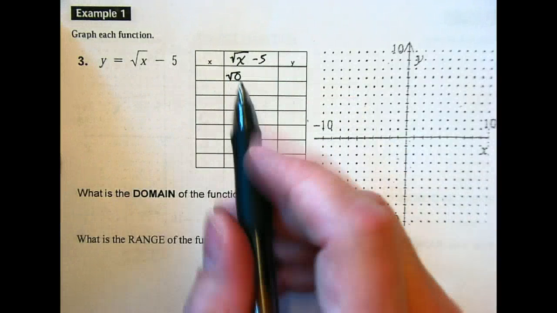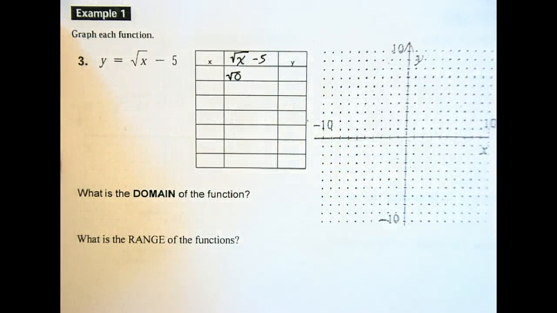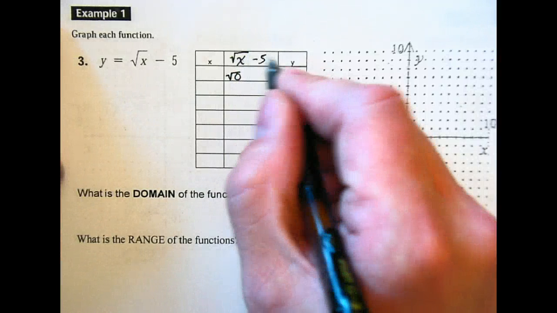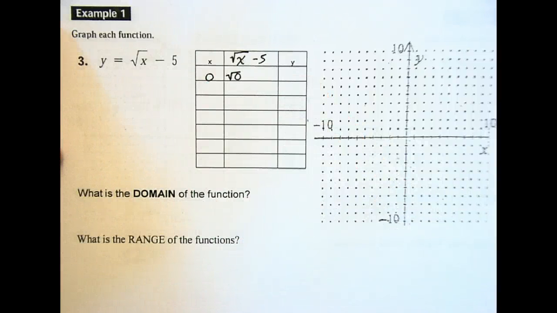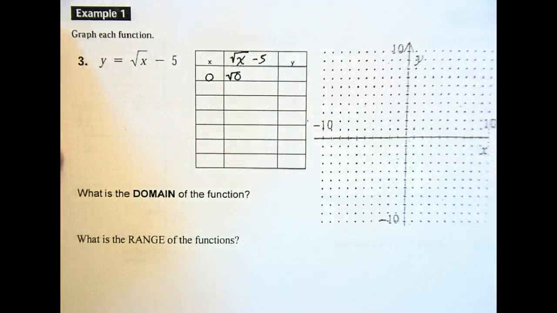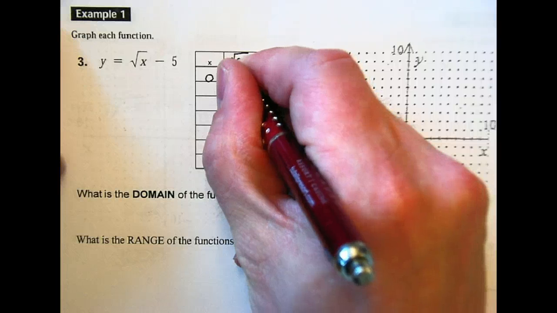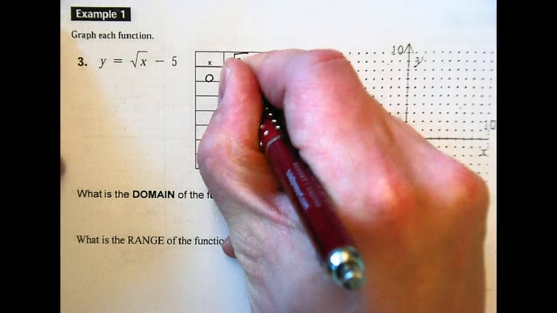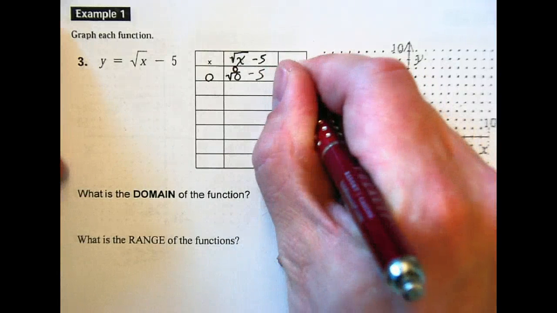Well, what do we have to make x equal if the radical is going to be 0? 0. We just put 0 in for x. And the root of 0 is 0. So I'm going to write that above it. 0 minus 5 is negative 5.